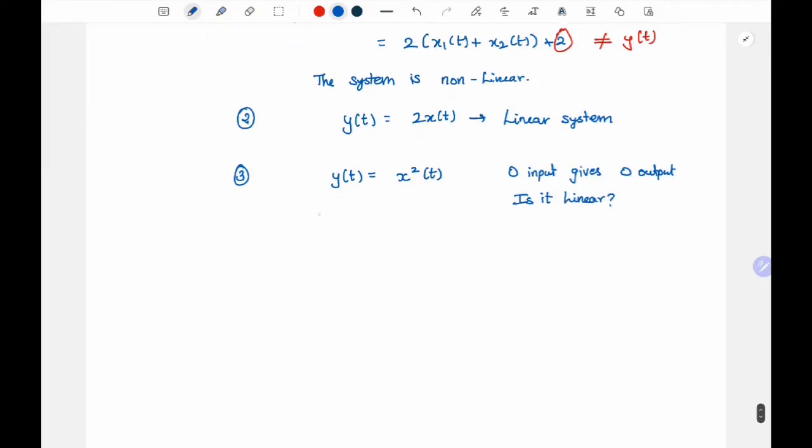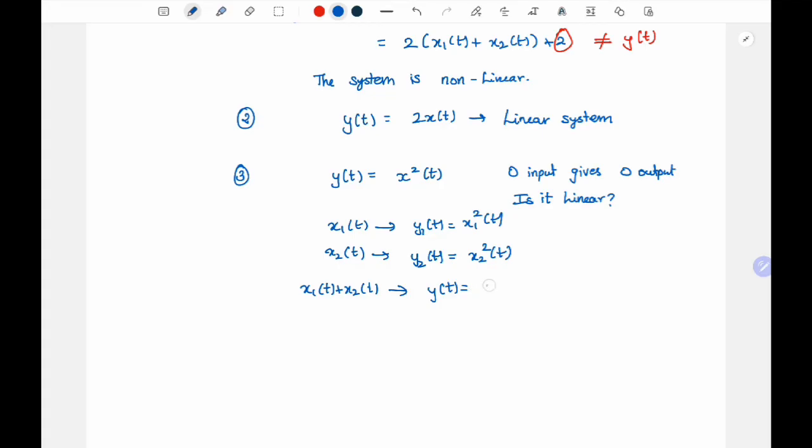Okay. So I will take x1 of t. In this case, I will just simply use the additive property. So x1 of t gives y1 of t, which is x1 square of t, and x2 of t gives y2 of t, which is x2 square of t. And what does the sum of the inputs give? It gives some y of t, which is x1 of t plus x2 of t whole square.